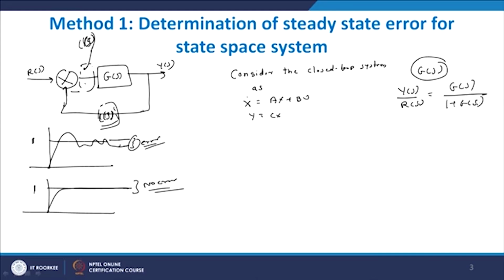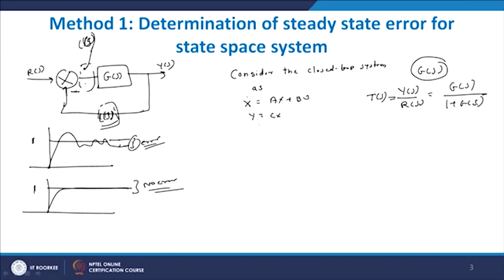This is the closed loop system, Y(s) by R(s) equals G(s) upon 1 plus G(s)H(s). H(s) we have taken as 1, so it is negative feedback, and this we can write as T(s), the closed loop transfer function.